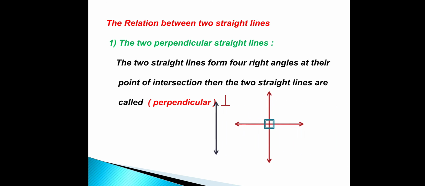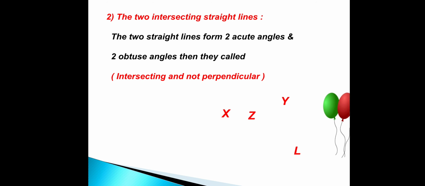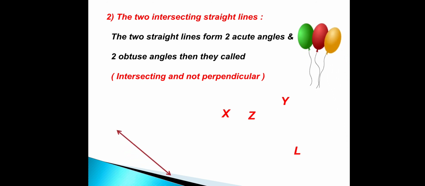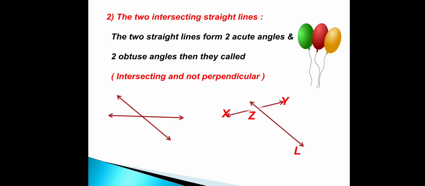The two perpendicular lines: the two straight lines form four right angles at their point of intersection. Then the two straight lines are called perpendicular. The two intersecting straight lines form two acute angles and two obtuse angles.